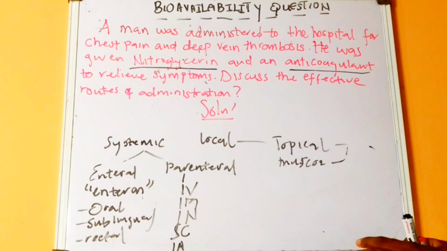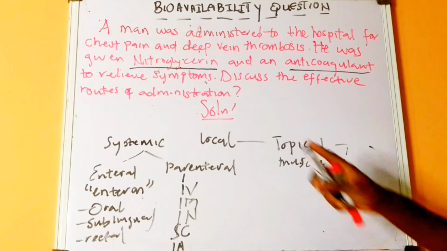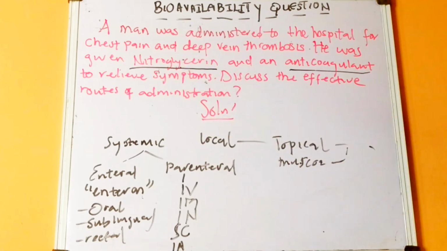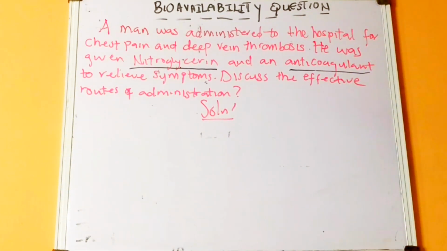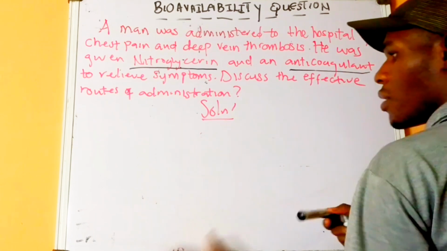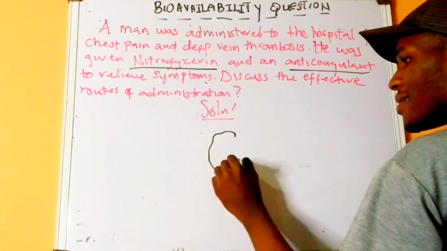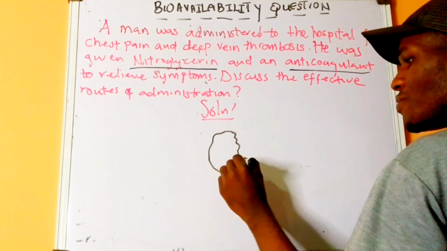Now, if you're looking at this particular study, the man was admitted to the hospital for chest pain. If you remember from your pharmacology, chest pain is also called angina. Let's say this is the heart, so let's do a little bit of anatomy and physiology.